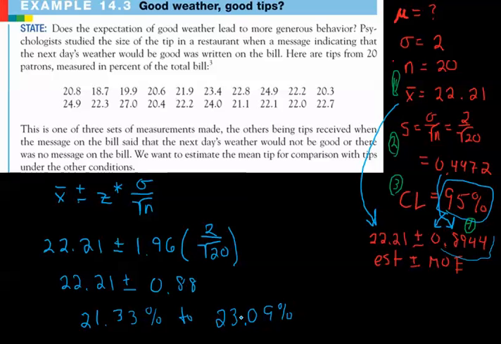That's going to be the range, the interval within which there's a 95% probability that our population mean falls. So if we were to somehow poll all of the patrons of this restaurant, this is where their tip would 95% fall when they received a message for good weather.